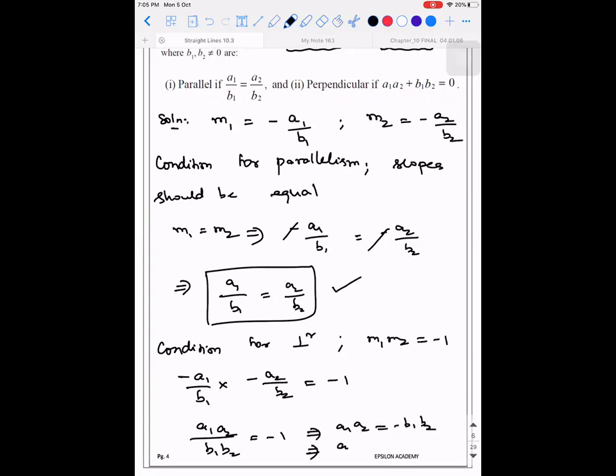When you rearrange and write, you will have a1 a2 plus b1 b2 is equal to 0. Got it?